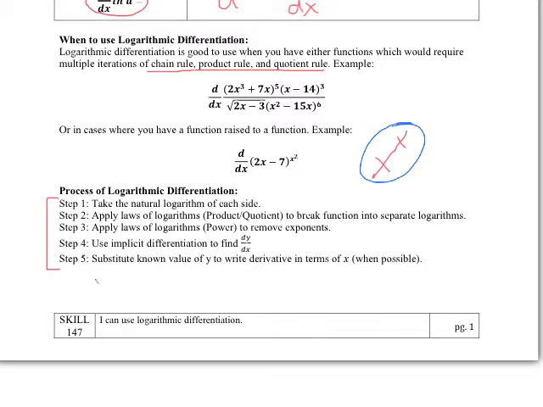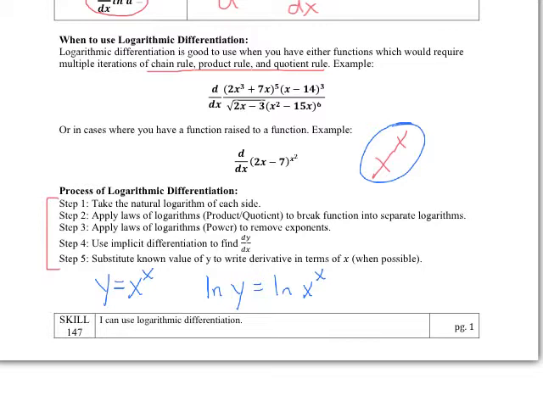So if we have y equals x to the x, and we want to use logarithmic differentiation, the first thing we do is take the natural log of both sides. So the natural log of y is equal to the natural log of x to the x. Then we're going to use step 2, which says apply log properties, product and quotient.